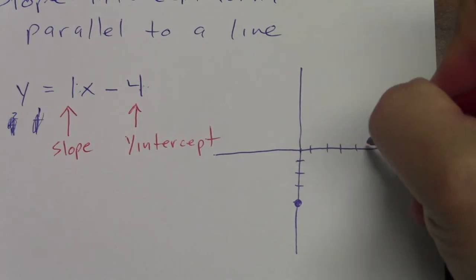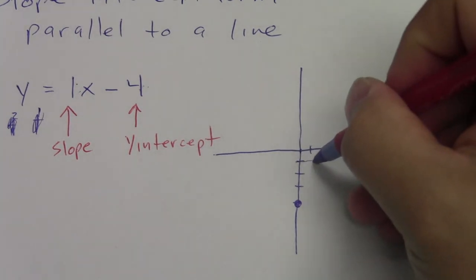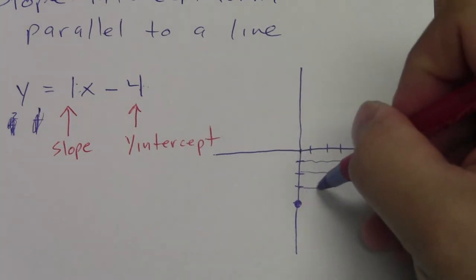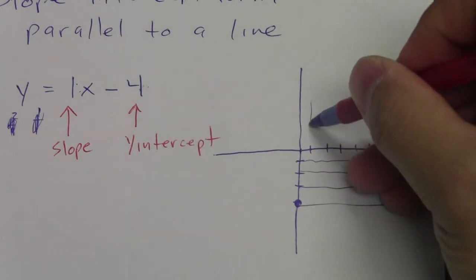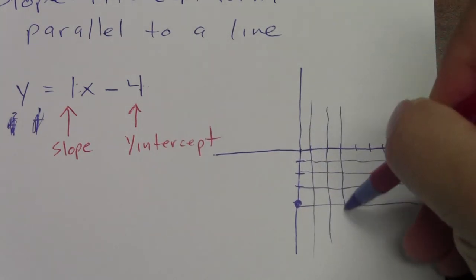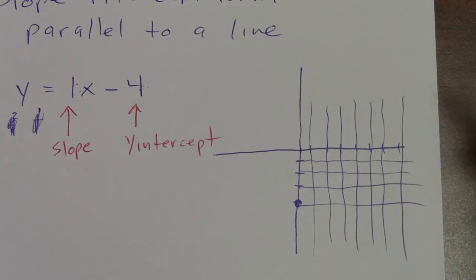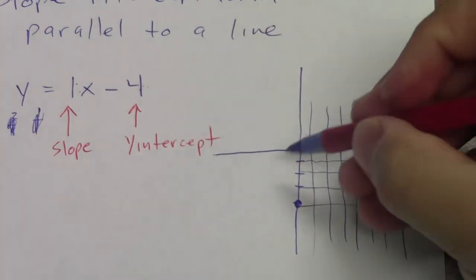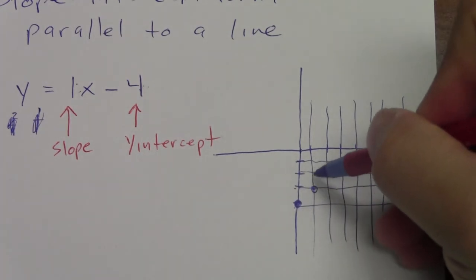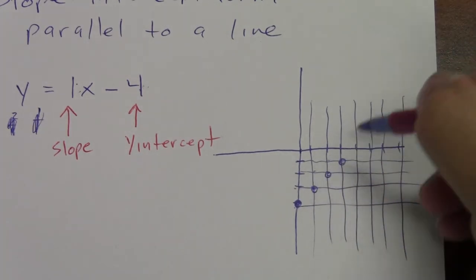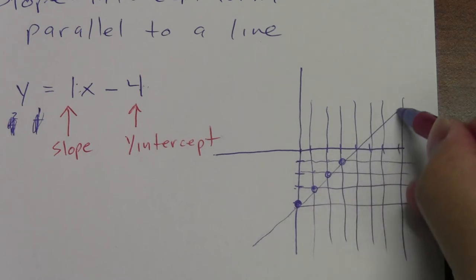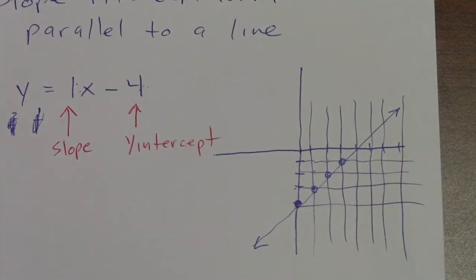Let me just put some graph lines down so we can see a little better. And like I said, make it nice. It'll make your life easier. So slope of 1: 1 over, 1 up. Good enough. So there's the line.